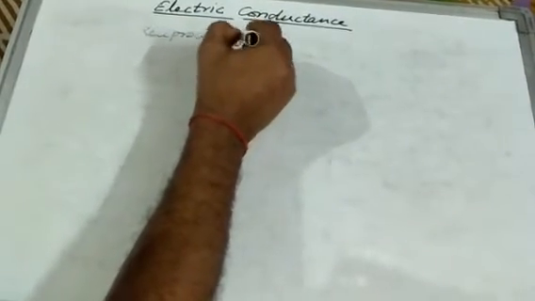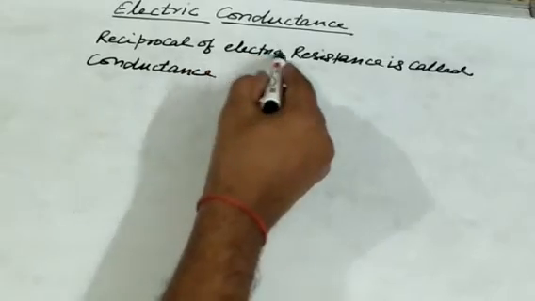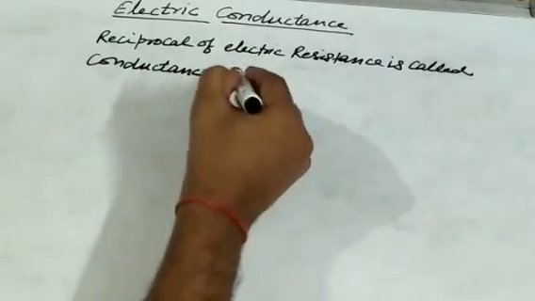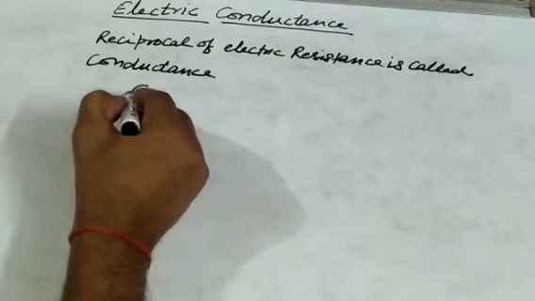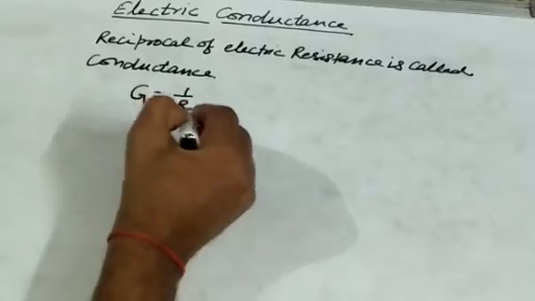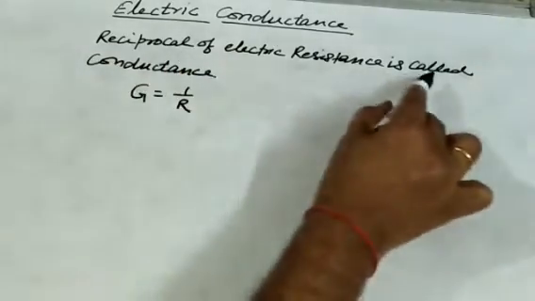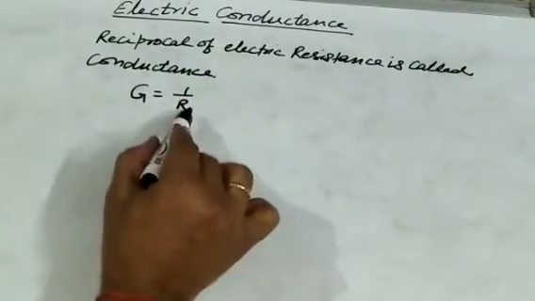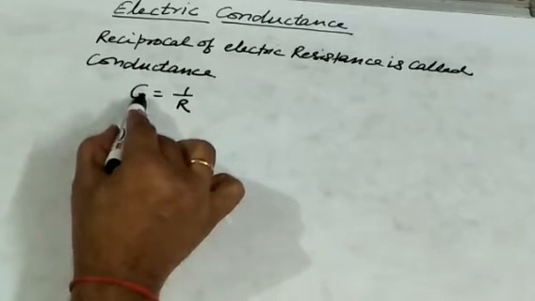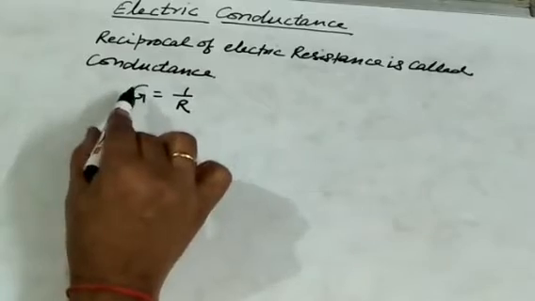The reciprocal of electric resistance is called conductance, and it is denoted by capital G. So you can write G is equal to 1 upon R. If the resistance of any conductor is more, its conductance is less, and vice versa.